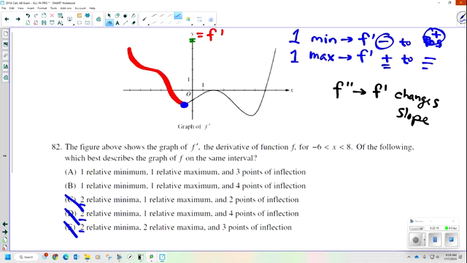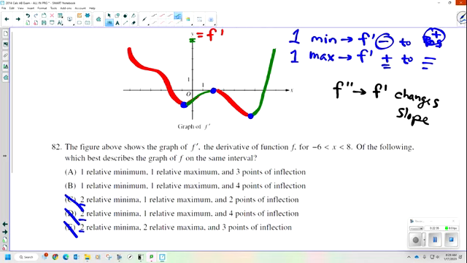Slope is 0. Now it changes. We've got a positive slope, 0 slope again. Back to a negative slope, 0 slope again. Back to a positive slope, okay? So my slope changes 3 times.